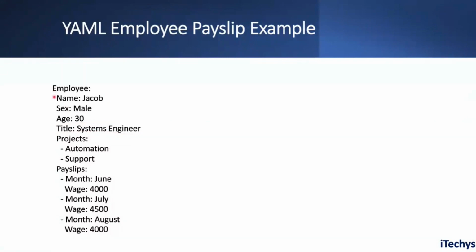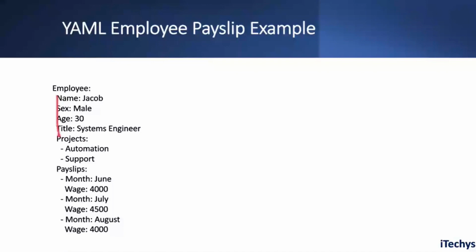You can see these start at the same place, but here projects come as two different ones, automation and support. He works on two different projects, automation and support. These come inside the project section. It doesn't start at the same place where name, age, title, and project start.